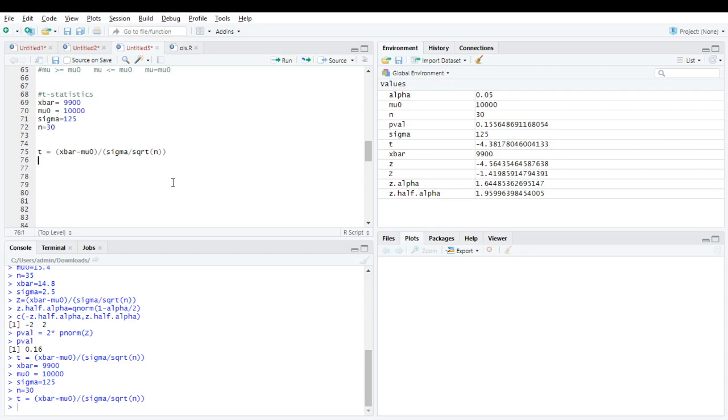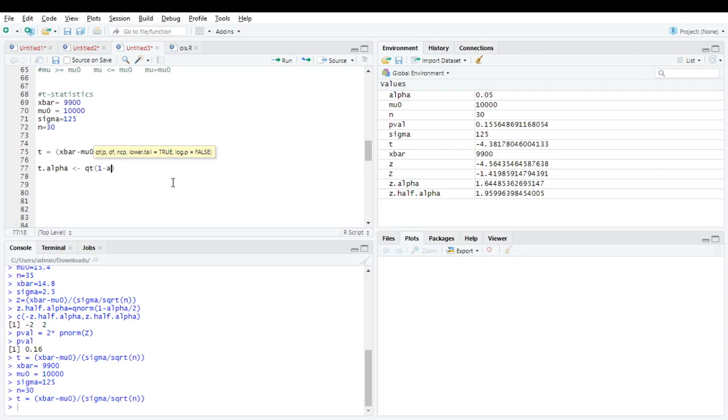And this time you have to calculate your t alpha, which will not be normal distribution, as we don't have the privilege of saying that it's probably coming from normal distribution.